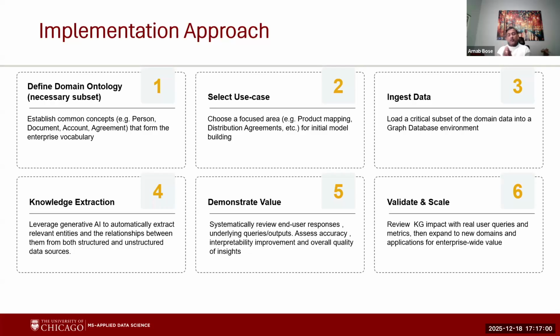Then from there, you go to point number two, which is you select a particular use case. Now you have your ideal customer profile, you know who you're targeting, you know what you're targeting with. Then you start looking at the data. You load the data. Once you have the data in point number three in a graph database, then you start going into knowledge extraction.